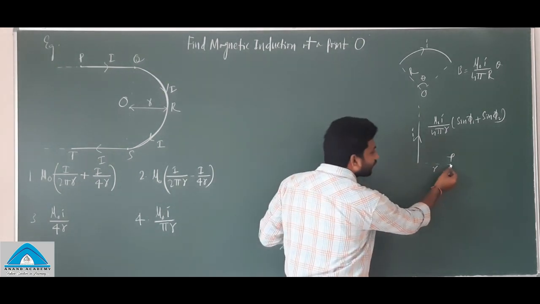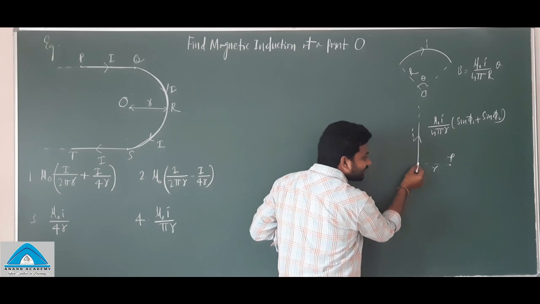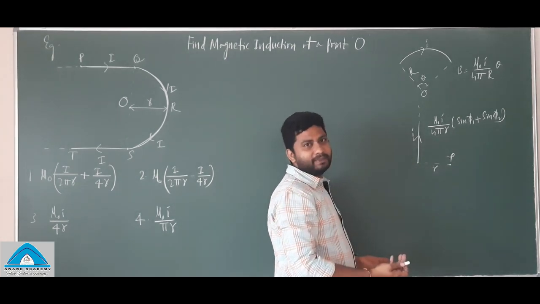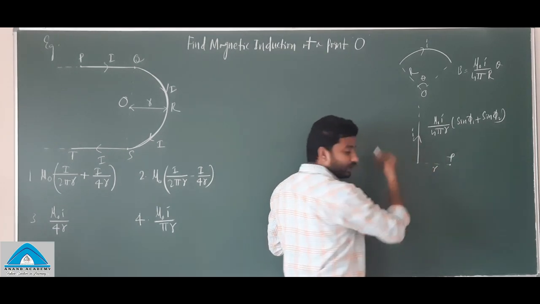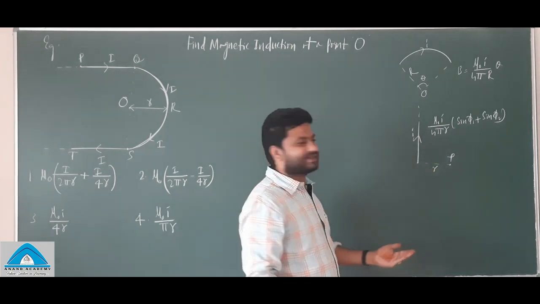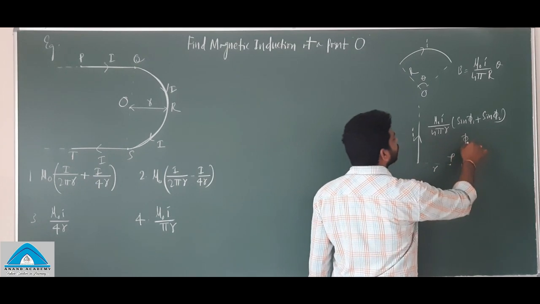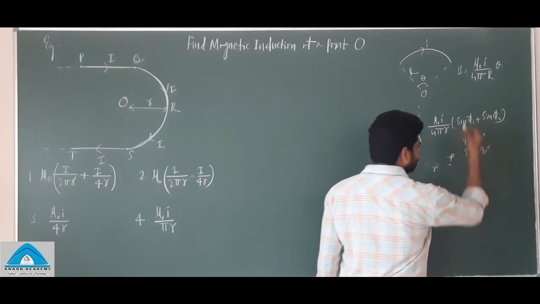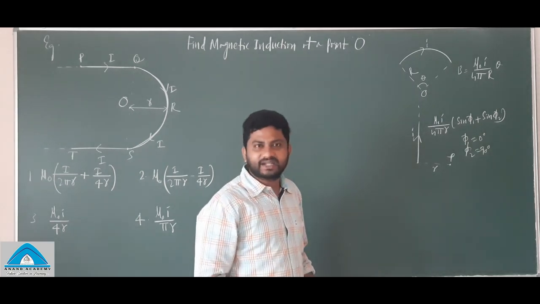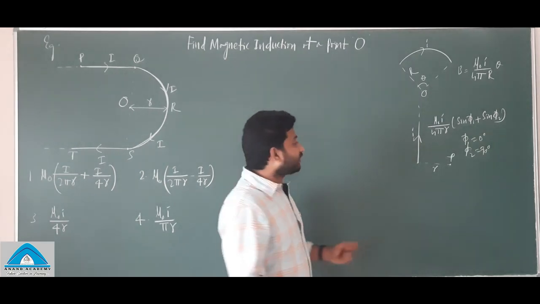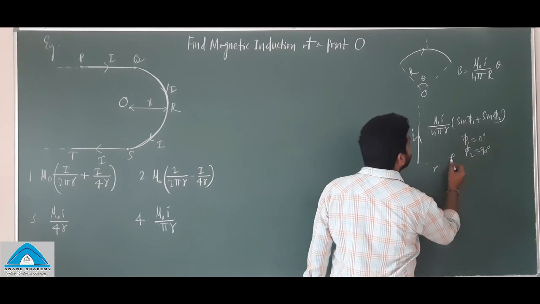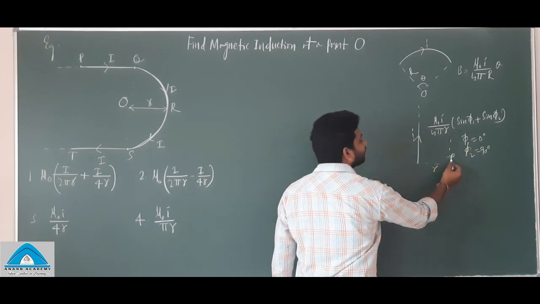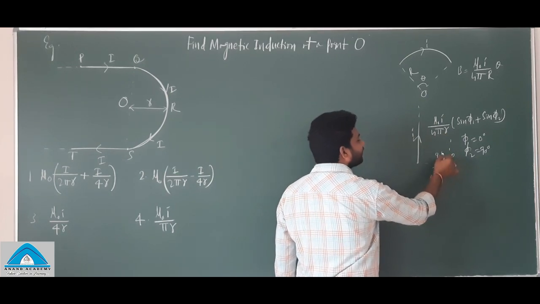Phi 1 is 0 because this end is connected directly to the point P. There is no angle made between this and this point. We already discussed this. So phi 1 is 0 and phi 2 will be 90 degrees. How? Because phi 2 is the angle made by this line and this wire, and you can see the angle here is 90 degrees.